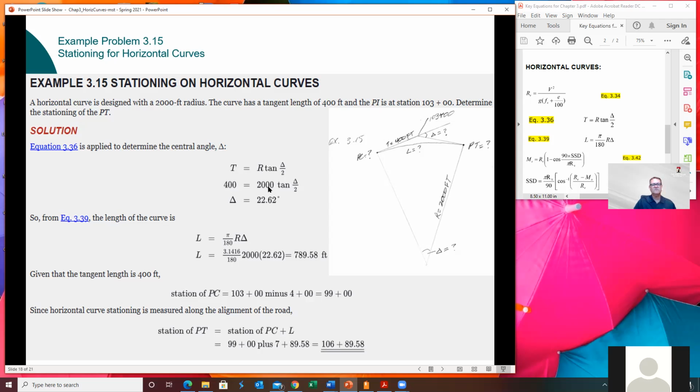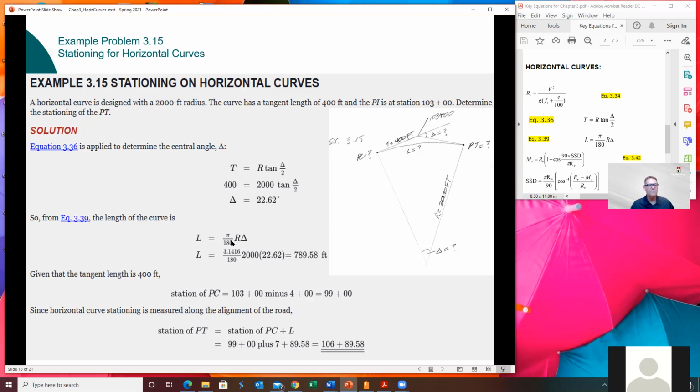You put in 2,000 feet for the radius, which was a given. And the only unknown is delta. So you crank that out and you find delta is 22.62. Now, let's look at the next equation, 339. We've got L equals pi divided by 180 times R times delta.